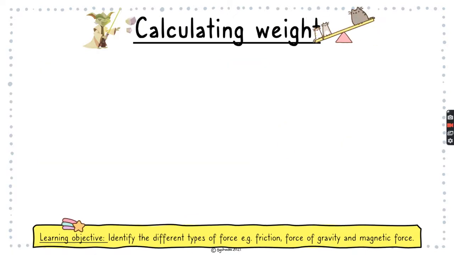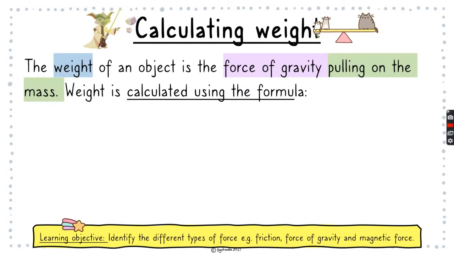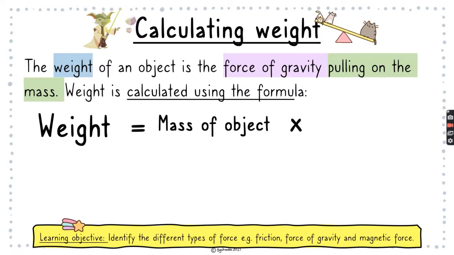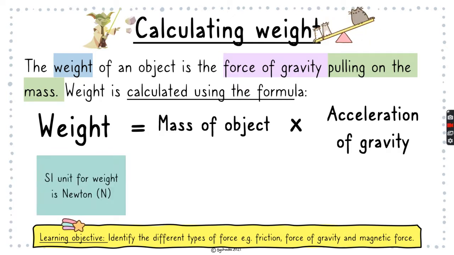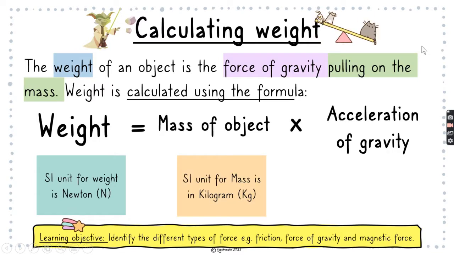So how do we calculate weight? The weight of an object is when the force of gravity pulls down on that mass. And this is calculated with this formula: weight equals the mass of that object times the acceleration of gravity. The SI unit for weight is the newton. The mass of an object is measured using the SI unit of kilogram.